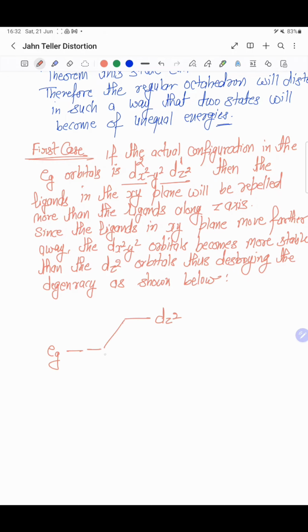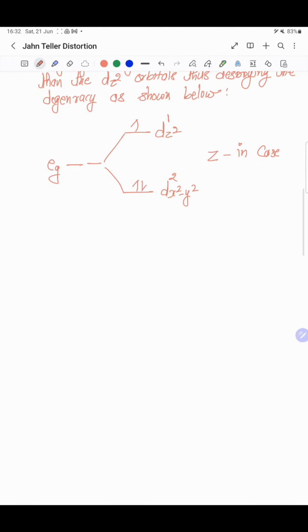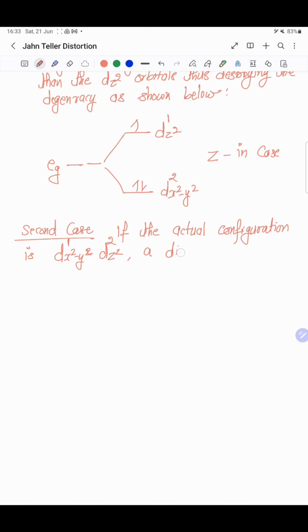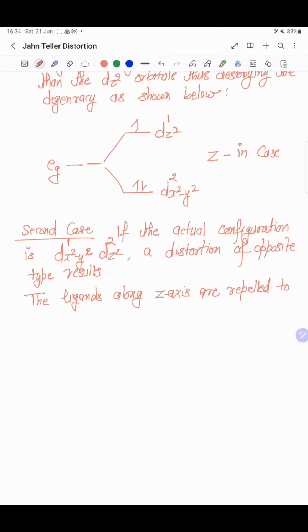The eg will lose its degeneracy, and there are two energy states: dx²-y² with 2 electrons is the lower energy state, and dz² with 1 electron is the higher energy state. This is the case of Z in, that is, the ligands along the z-axis will move inward and the ligands along the xy plane will move outward.